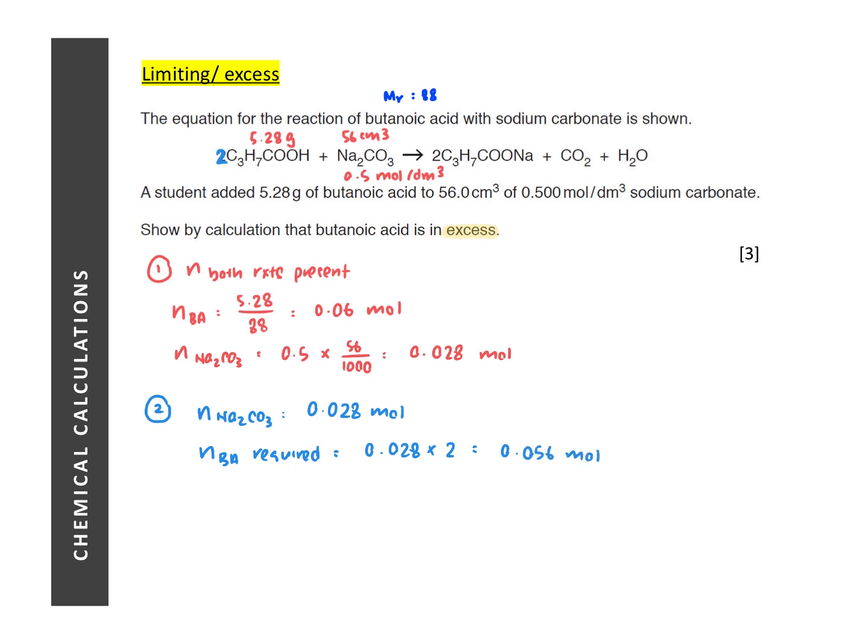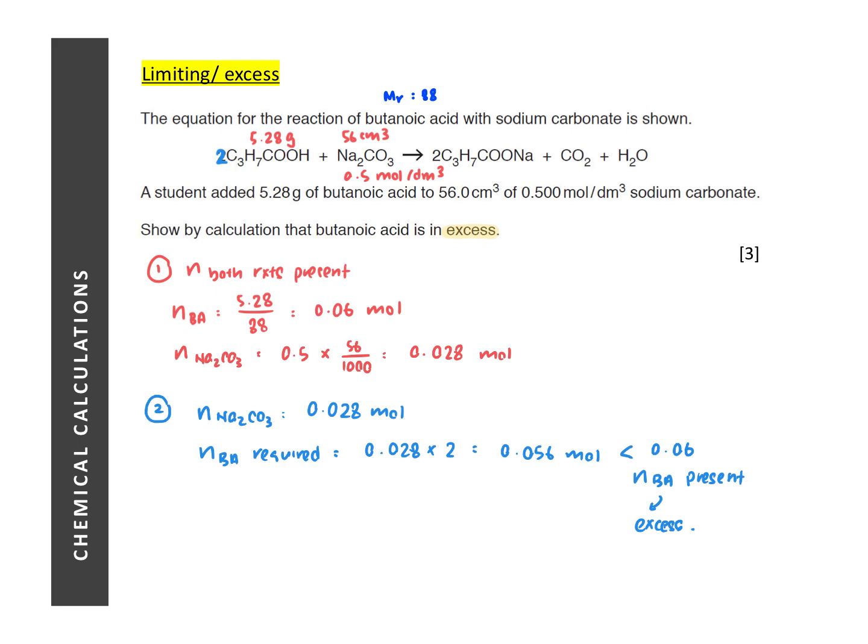which gives 0.056 moles. The last thing to be done is to compare the number of moles of acid required with the number of moles of acid present. You'll find that it's less than 0.06, which means it's less than the number of moles of acid present. If the number of moles of acid required is less than the number of moles of acid present, that would mean that your butanoic acid is in excess.